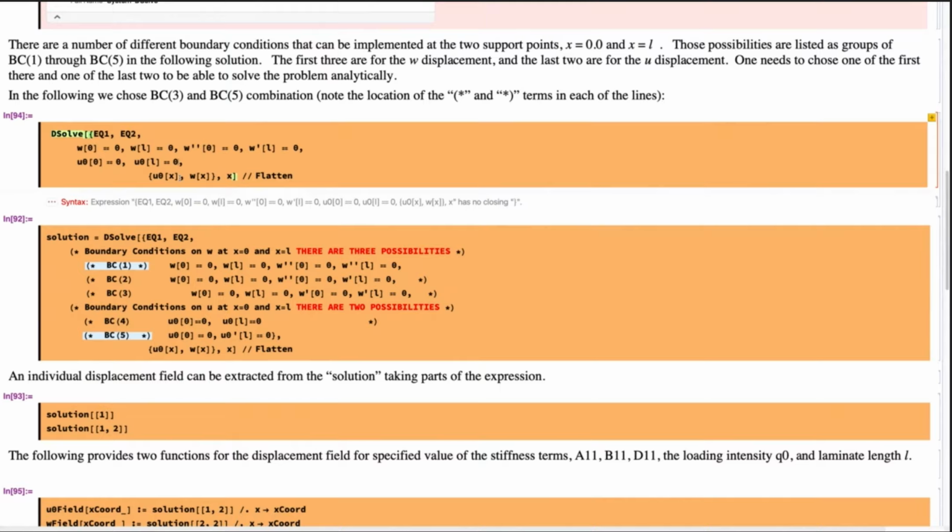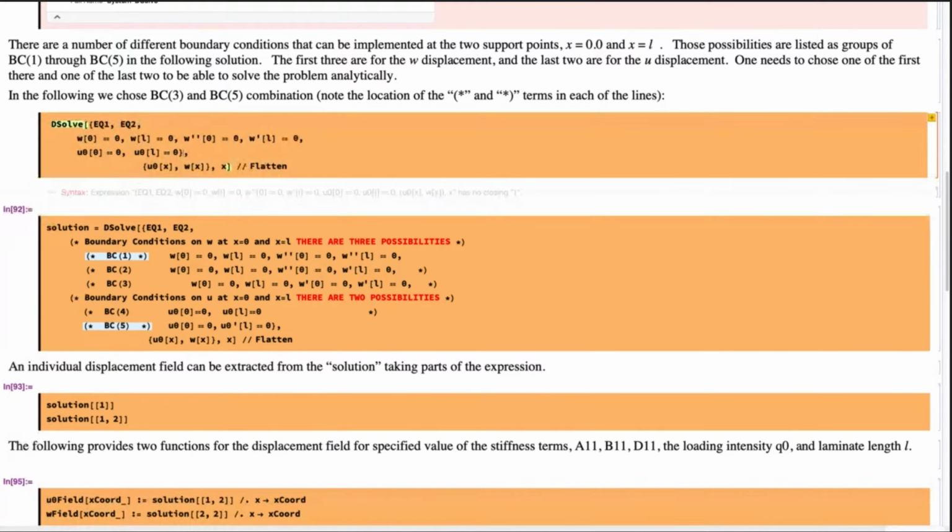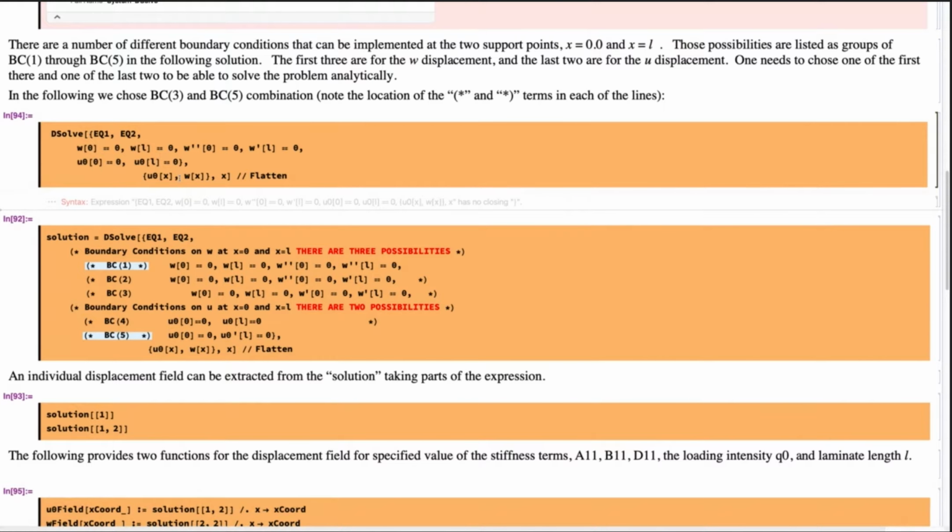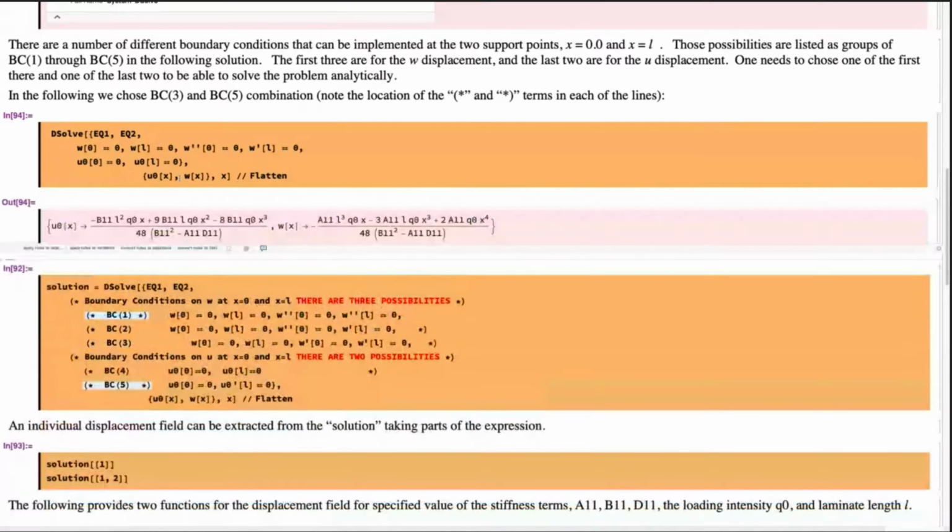Right here. This was the other boundary condition.